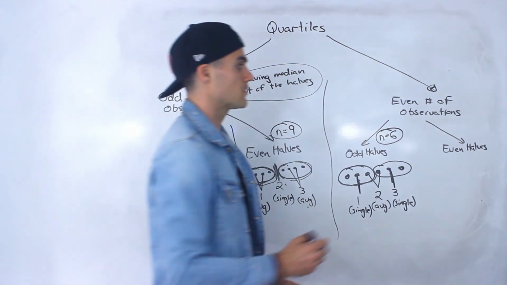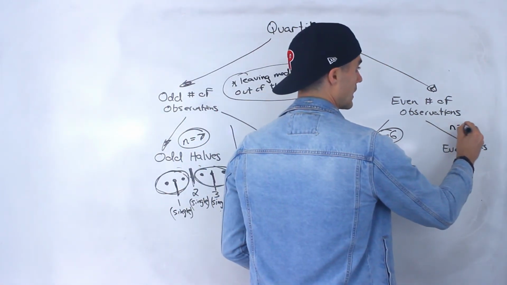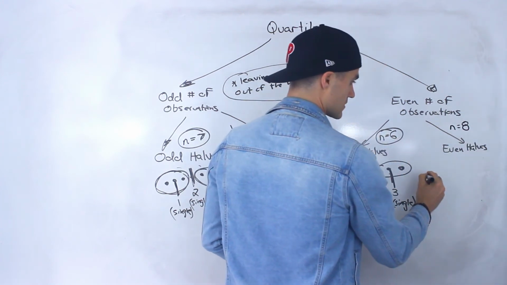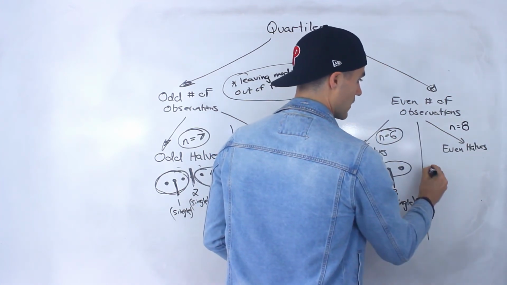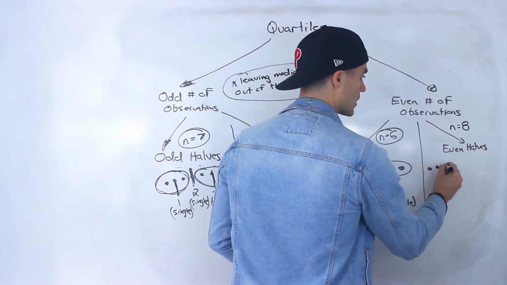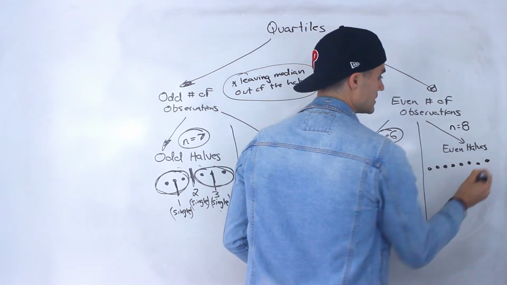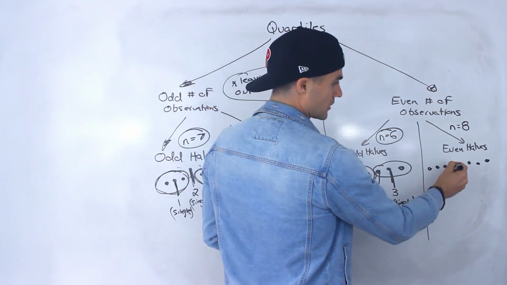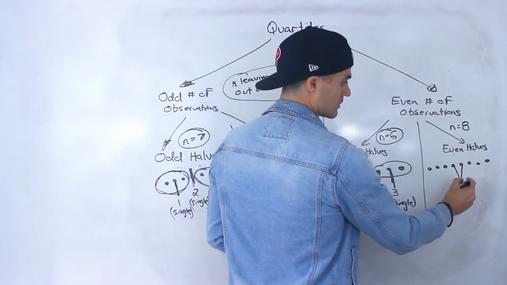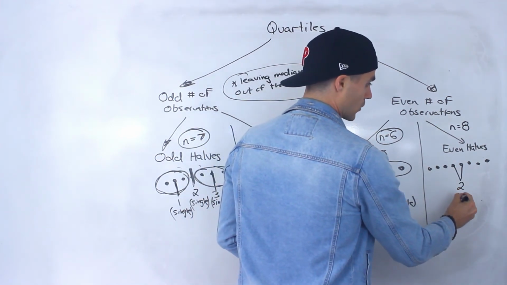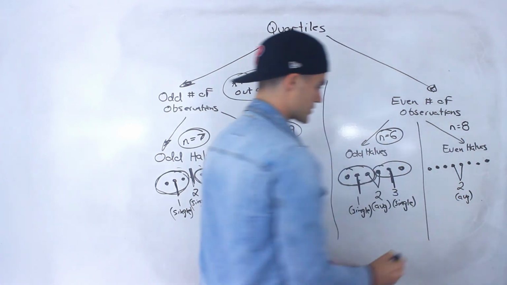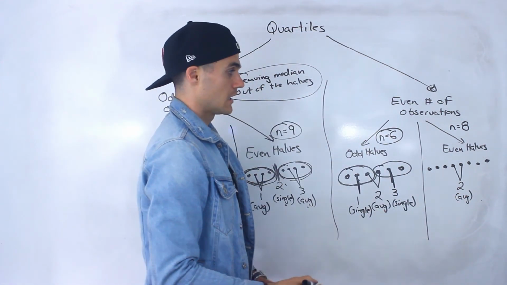And then an even number of halves would be if n is equal to 8. So split this up. If we have 1, 2, 3, 4, 5, 6, 7, 8. Notice that the 2 middle terms, the average of those is going to be the second quartile. So it's going to be an average as well.